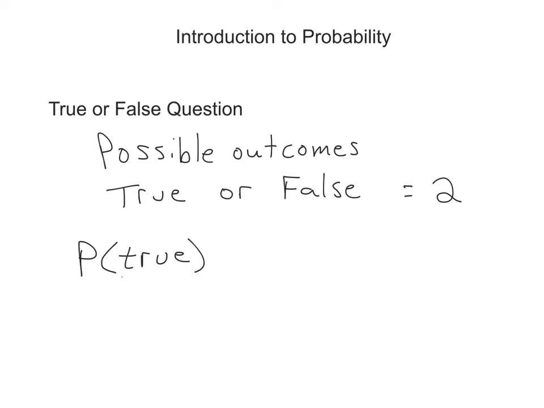What I want to know is what's the probability of my answer being true? Well, if it's true or false, out of these two possible choices, there's only one true. Out of how many? Out of 2 possible choices. So the probability of the answer being true is 1 out of 2.